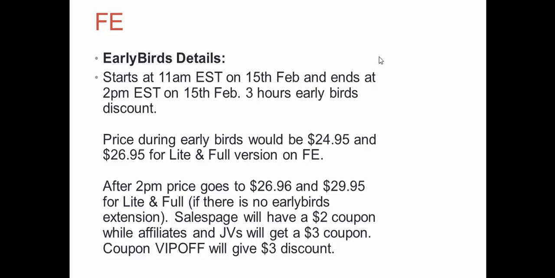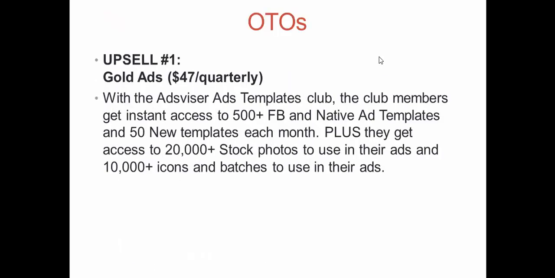All right, so that's your front end just there. And then the OTOs: the first upsell is Gold Ads, which is $47 quarterly, just over $15 monthly. With the Adsviser Ads Template Club, the club members get instant access to 500 plus Facebook and native ad templates and 50 new templates each month.